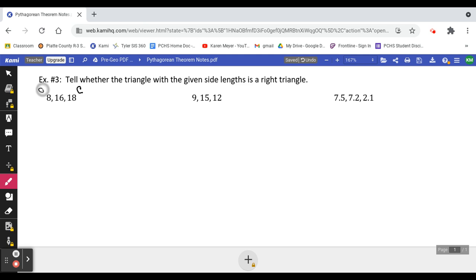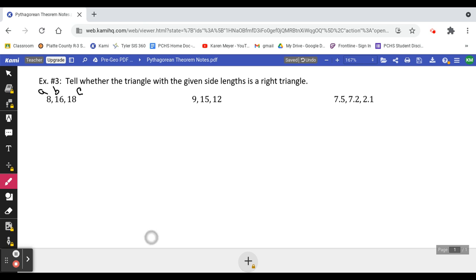The other 2 numbers are A and B. Doesn't matter which one you call what, but I'm going to call 8 A and 16 B. So 8 squared plus 16 squared, and then I'm going to put a question mark because I want to know, does it really equal 18 squared. So 8 squared is 64, plus 16 squared is 256.